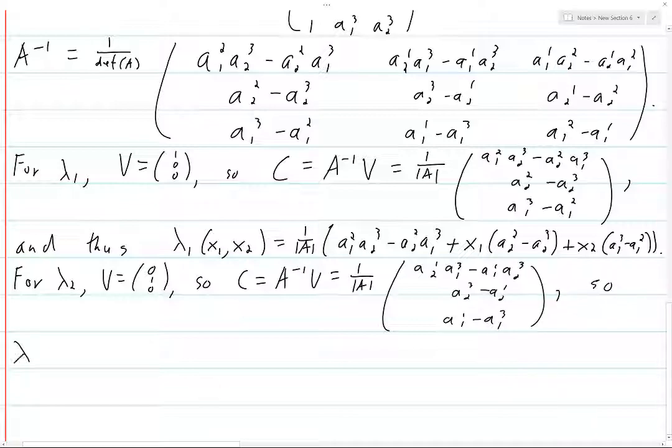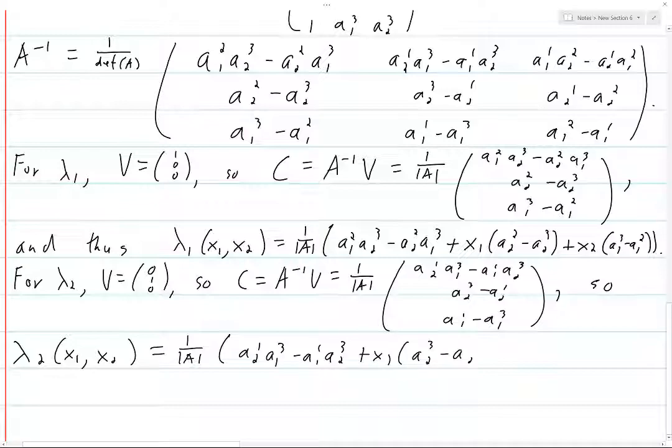So lambda 2 of x1, x2 is, again, 1 over absolute value of A. Then we're going to multiply by A21, A13 minus A11, A23. Now we're going to add x1 times A23 minus A21. Then we're going to add x2 times A11 minus A13. Okay?